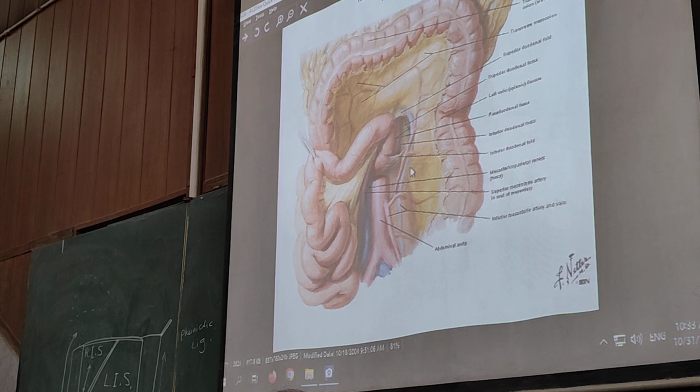So, this one is the inferior mesenteric vein going up, and behind the pancreas it is trying to join the splenic vein. I told you this before. Here you can see the inferior mesenteric vein.